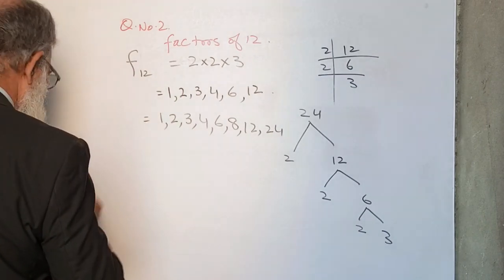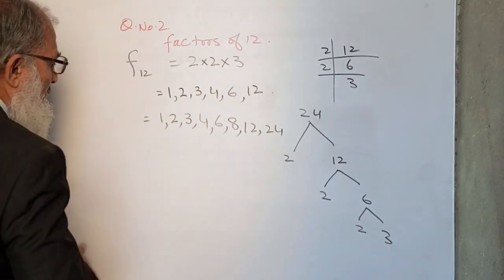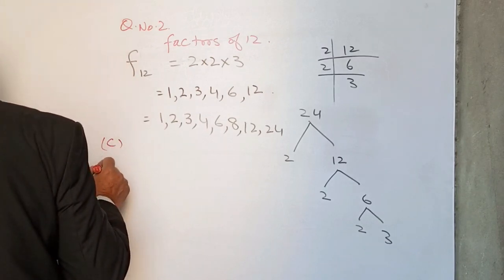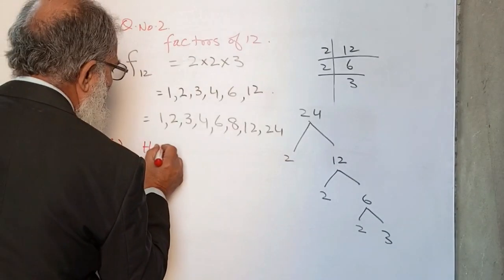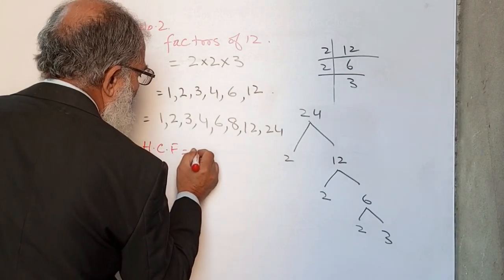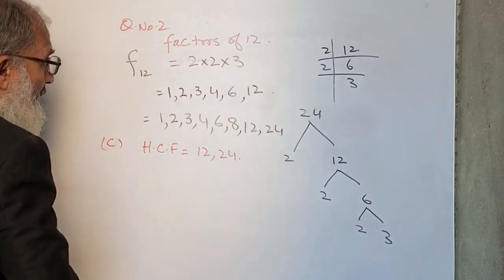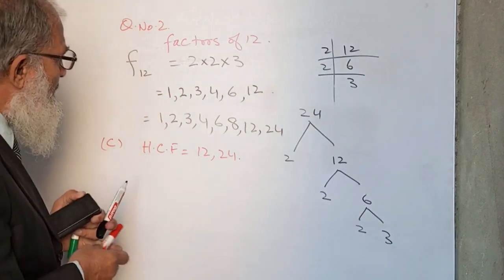Question number 2, part C is, we have to find the HCF, highest common factor, of 12 and 24. Now we have already done this.